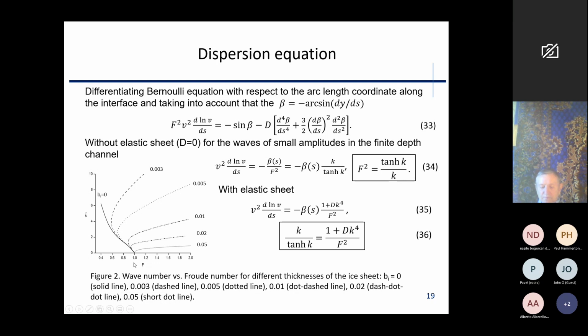One is the same channel Froude number, which equals 1, and another is the critical Froude number due to the elastic sheet. Below this critical number, we have no wave number. So for supercritical flow, in contrast to without the ice sheet, we have one solution for the wave number.